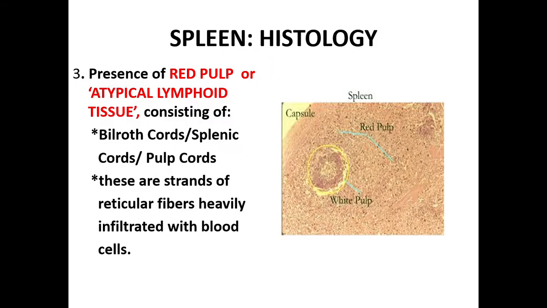The red pulp is considered to be the atypical lymphoid tissue. It consists of the following: Billroth cords, or splenic cords, or pulp cords. These are strands of reticular fibers heavily infiltrated with blood cells.